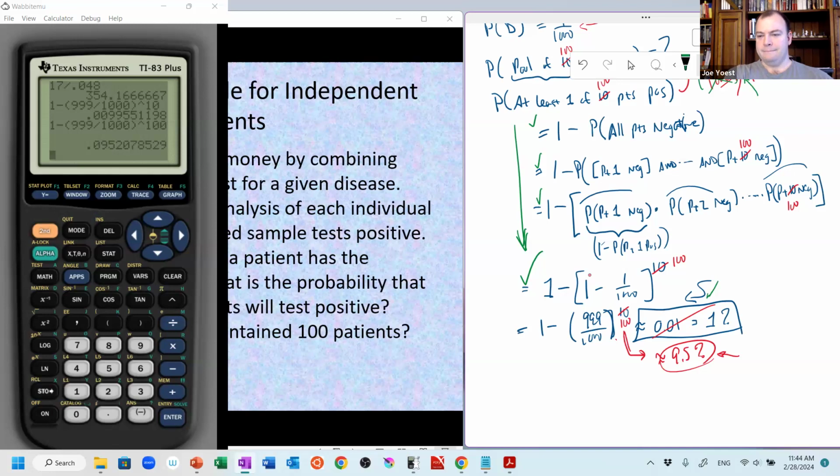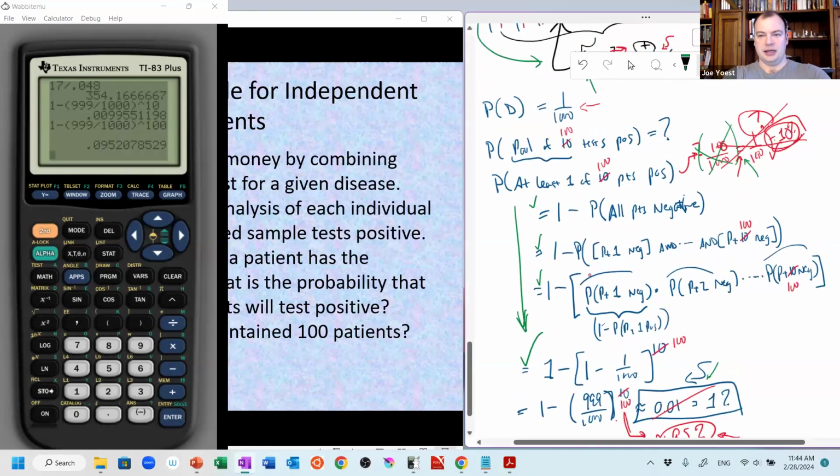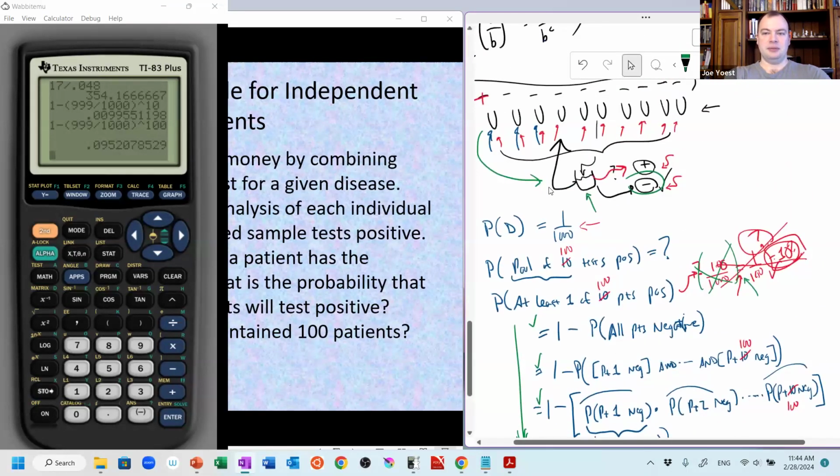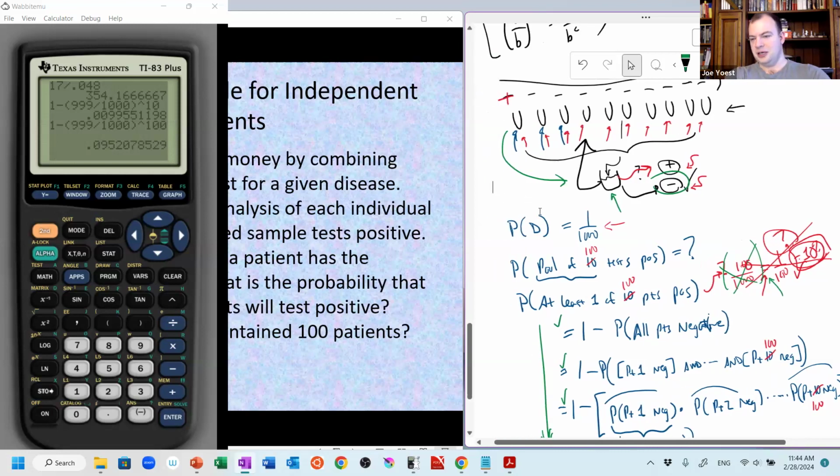Okay. So we see that the probability of the pool testing positive goes up to nearly 10%. And now, 1 out of 10 times, we're going to have to break the pool apart and test each of the 100 people individually.